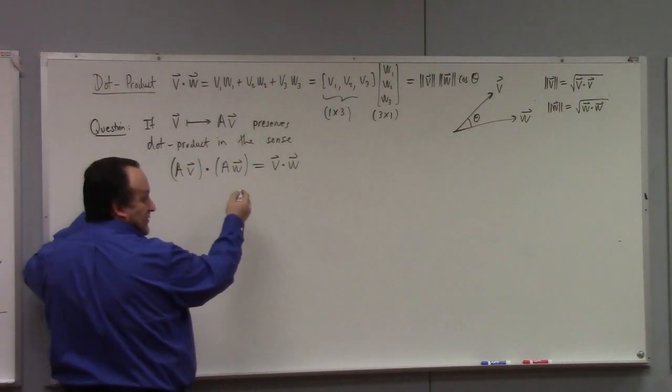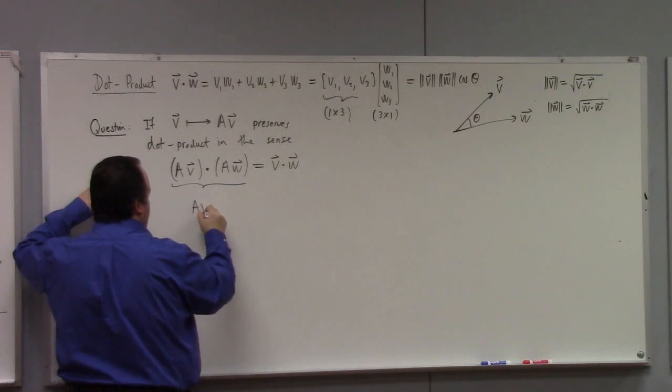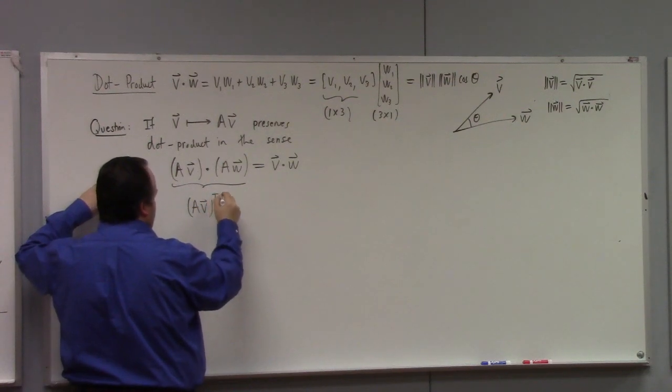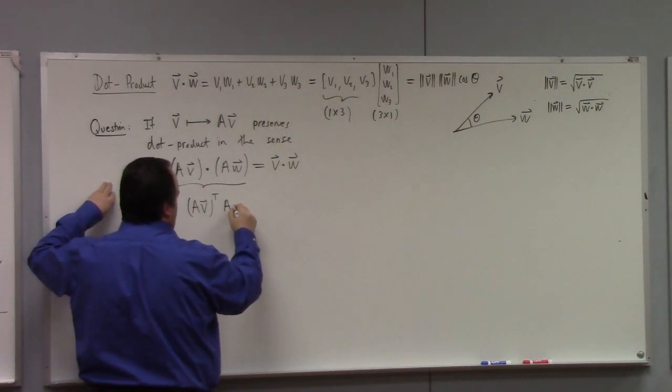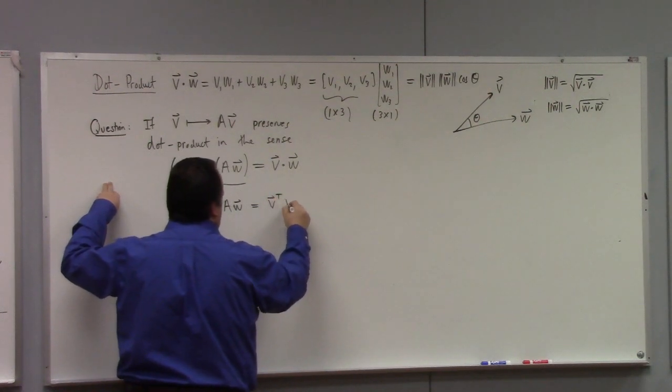So as a matrix equation, this is exactly Av transposed, and I really want to drop the vector notation, but I started, so I'll stick with the vectors for now. And over here, you have v transpose w.